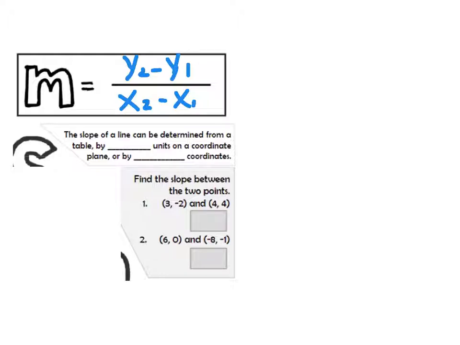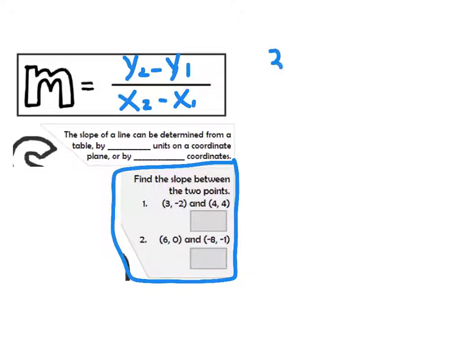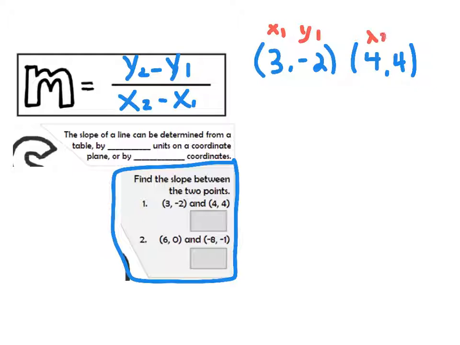Alright, so find the slope between the 2 points down here. This is using the slope formula. So I would take your points in this first example, (3, -2) and (4, 4), and I would label them x1, y1, x2, y2.